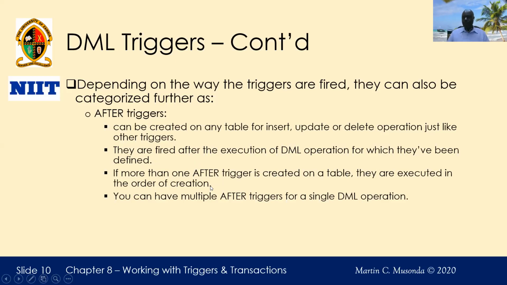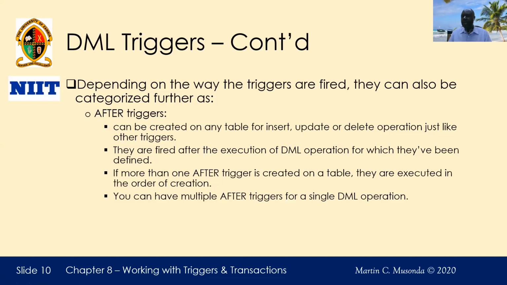The after triggers, let me go to the last one, then I emphasize the third point. You can have multiple after triggers for a single data manipulation operation. So now the third point I need to emphasize is, if you have defined maybe 2 after triggers for this table, the first trigger to be created is going to be fired first, executed first.